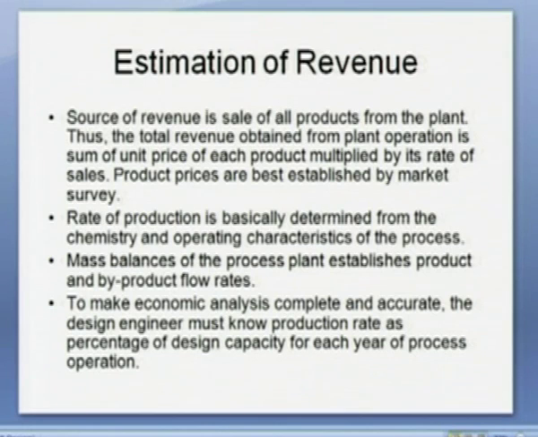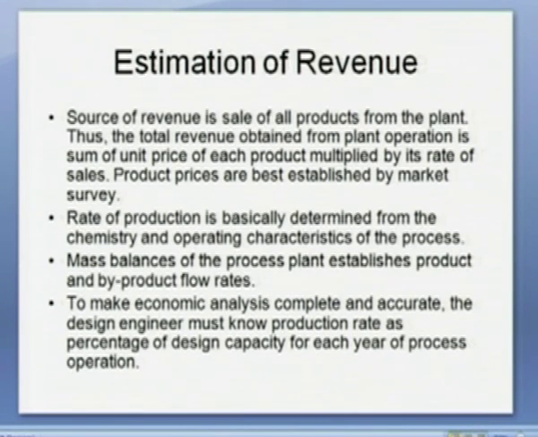Thus, the total revenue obtained from plant operation is the sum of unit price of each product multiplied by its rate of sales, and the product prices are best established by market survey rather than doing estimates. You just go to the market and find out the price of the chemical that you want to manufacture.